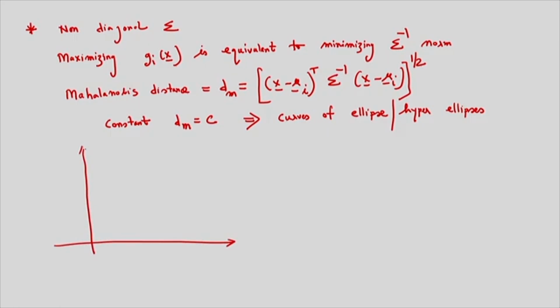So what is the meaning of this? So suppose I have two classes. So this is the centroid of the first class, that is the mean of the first class, and these are the contours. So I am considering some of the contours. So this is my mu 1, and I am considering another class. So another class, suppose this class.